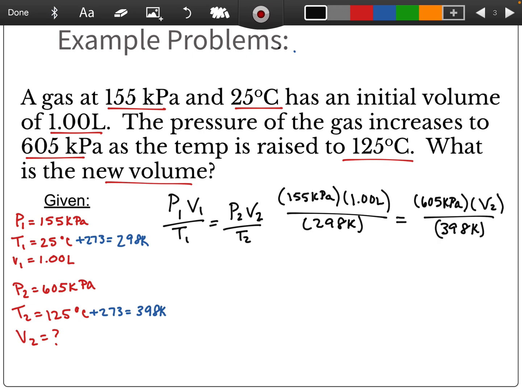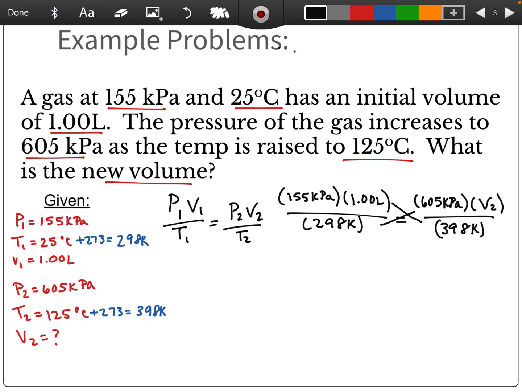So here's all of our variables. Again, you can solve whichever way makes more sense to you. You can solve for the left side of the equation and then move over to the right to solve for V2, or you can cross multiply. If you cross multiply, you would multiply everything across the top. So you would take 155 times 1 times 398 is equal to 298 times 605 times V2.